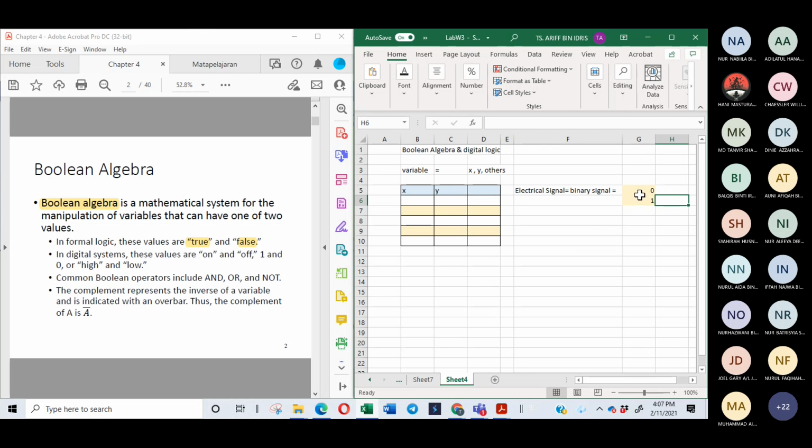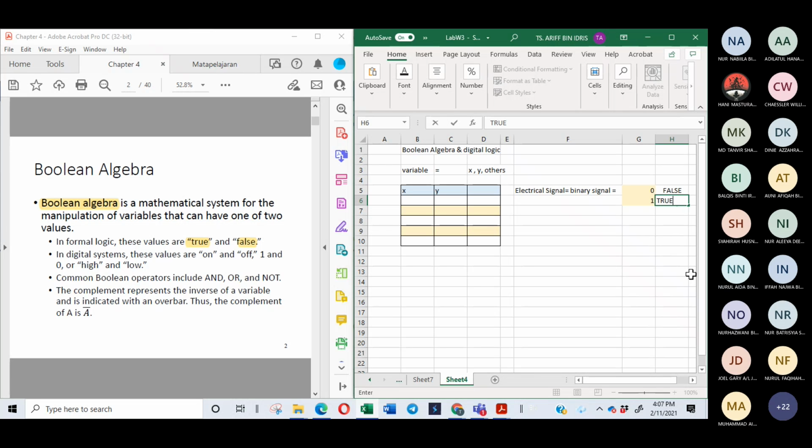So which one is true and which one is false? 0 is false, correct. What about 1? True or false? True.